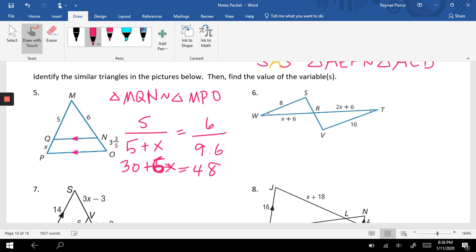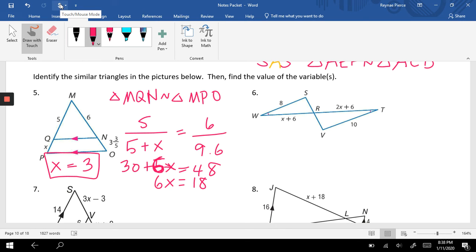Okay, subtract 30 from both sides, I get 6x equals 18. So my x value is 3, for example number 5.